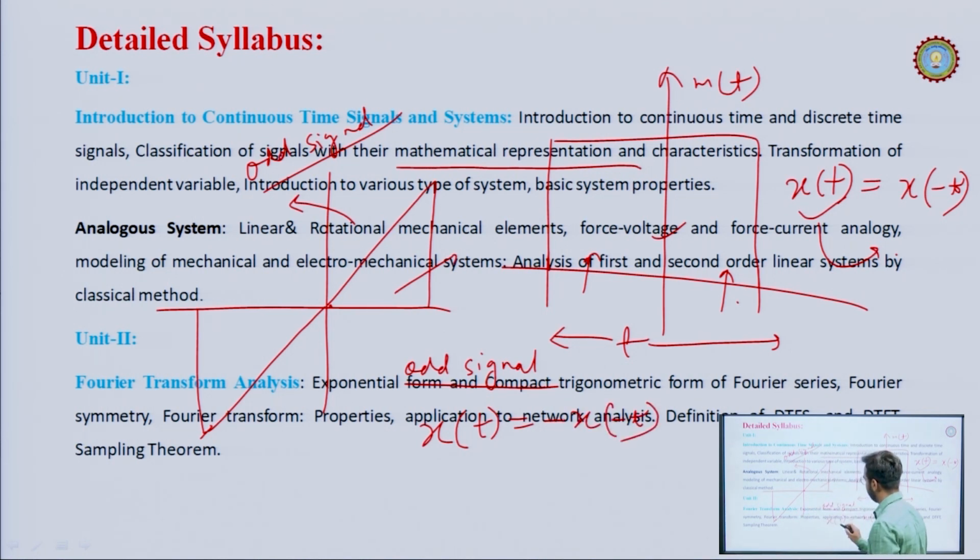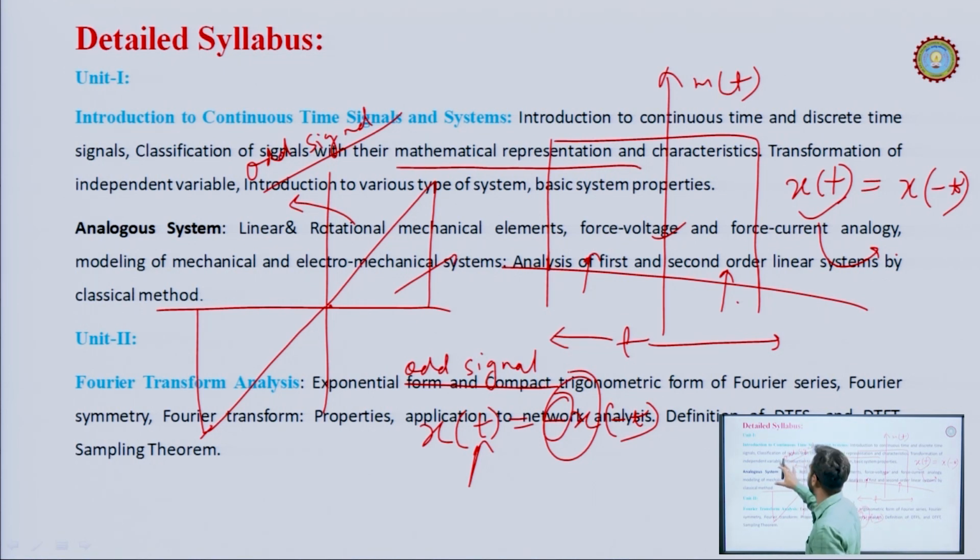That means the value of the signal in the positive axis is equal to the negative of the signal in the negative axis, and the negative sign is for what? Magnitude reversal. If you study this in detail, we can say this is amplitude reversal. In the original signal the amplitude was positive, and in the reflected signal the amplitude was negative. This is also called amplitude reversal. Okay, so this is the mathematics.